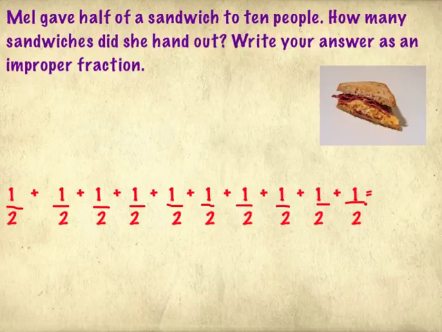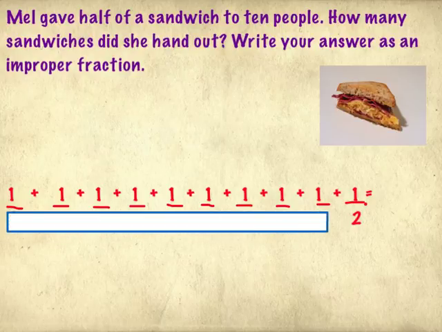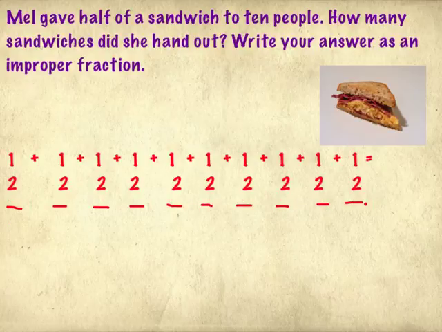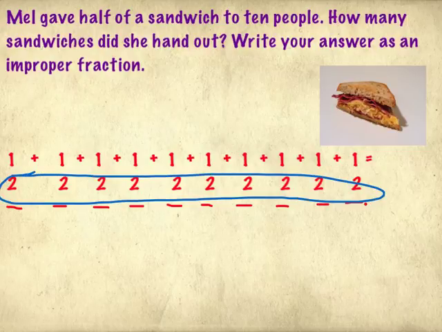When you add fractions, your denominator, which is of course your bottom number, always stays the same. I'll just circle it. So that's going to end up equaling out of half again.